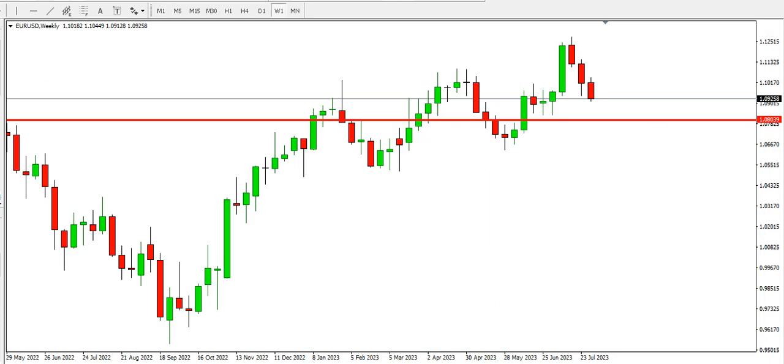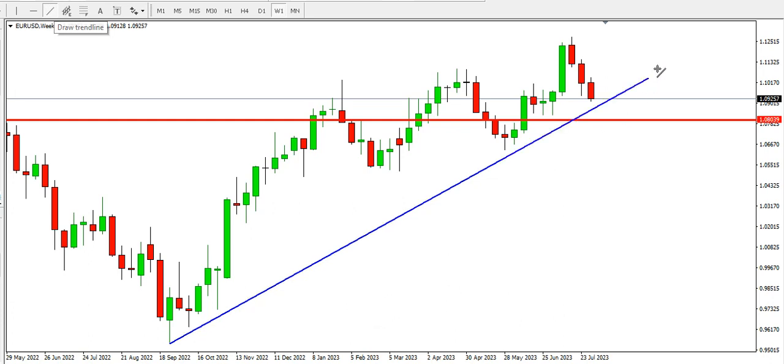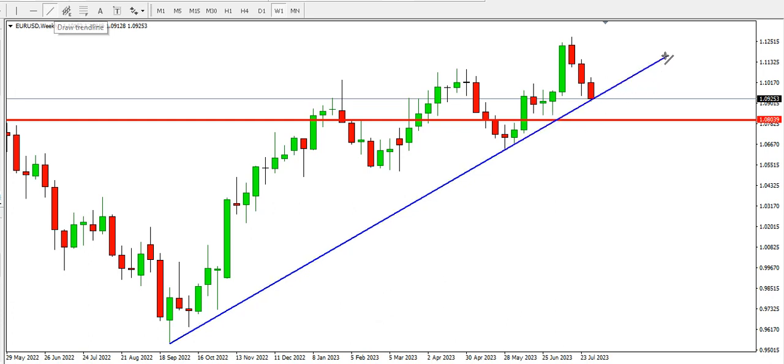So let's take a look at EURUSD. EURUSD on the weekly time frame shows that the trend is still bullish, although we have a swing high around here.